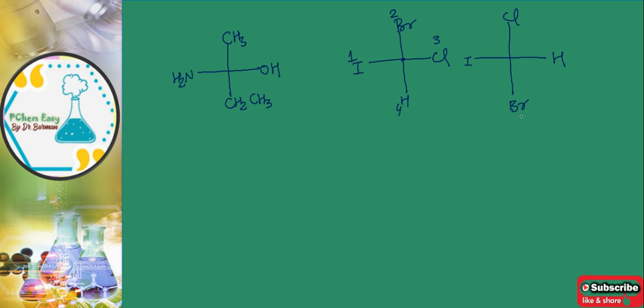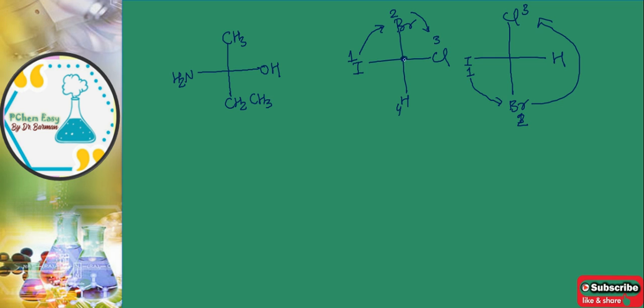Here 1, 2, 3, and 4 you can leave. Now what will we have to do? We have to move 1, 2, 3.